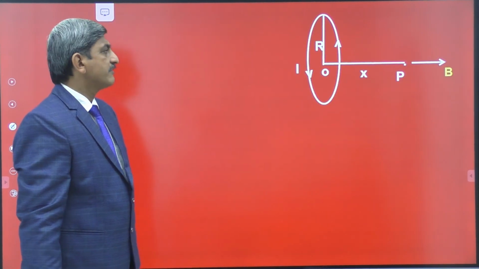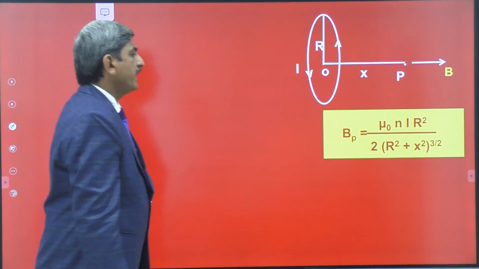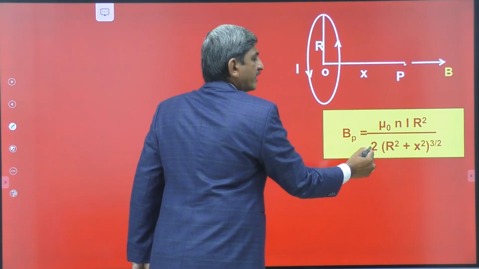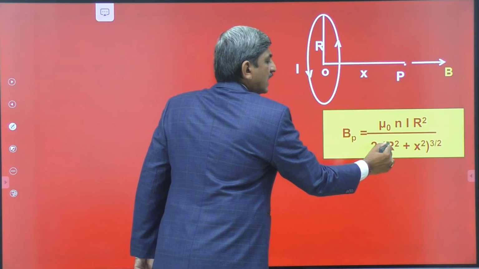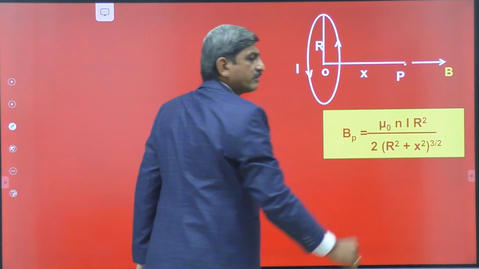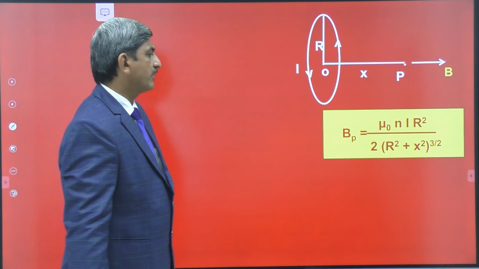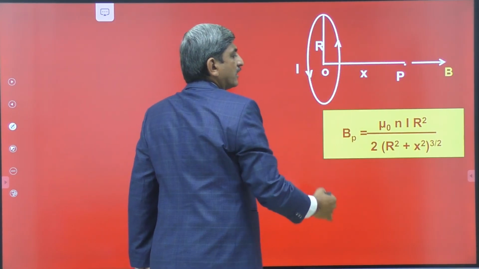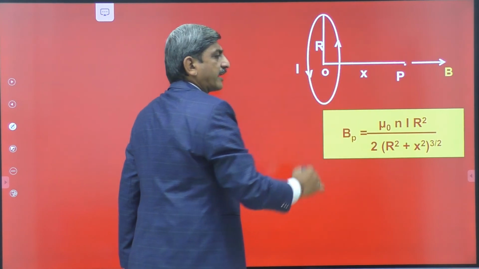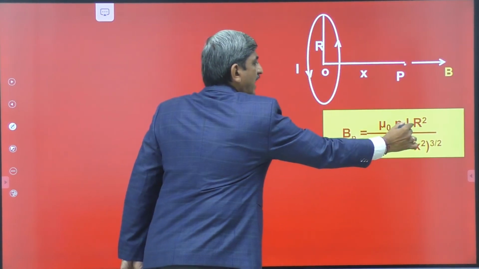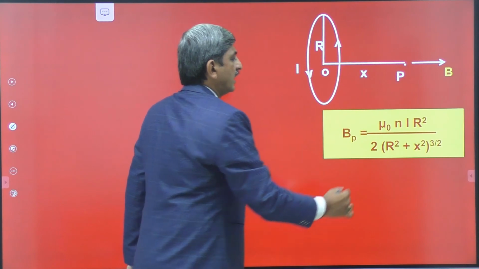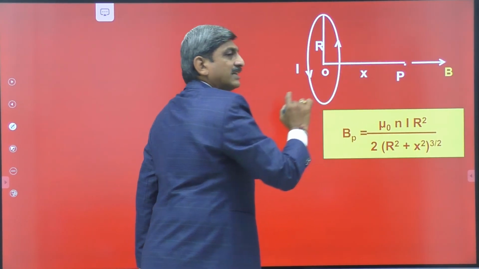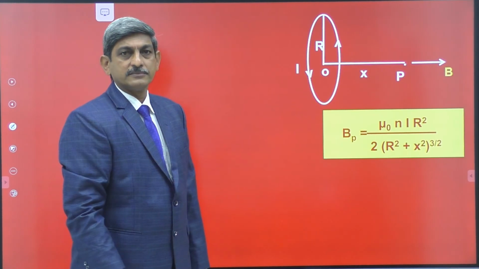The magnetic induction is given by the formula Bp is equal to mu naught N I r square divided by 2 into (r square plus x square) whole power 3 by 2. In this equation, N is the number of turns in the coil, I is the current passing through the coil, r is the radius of the coil and x is the distance of the point from the center along the axis of the coil.